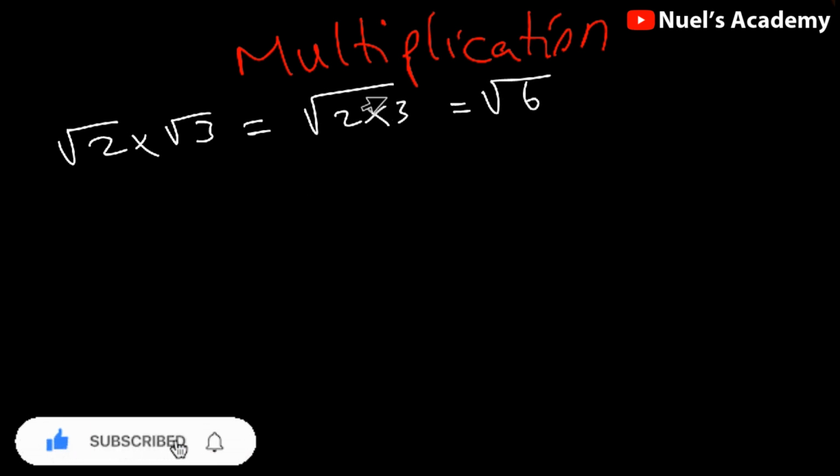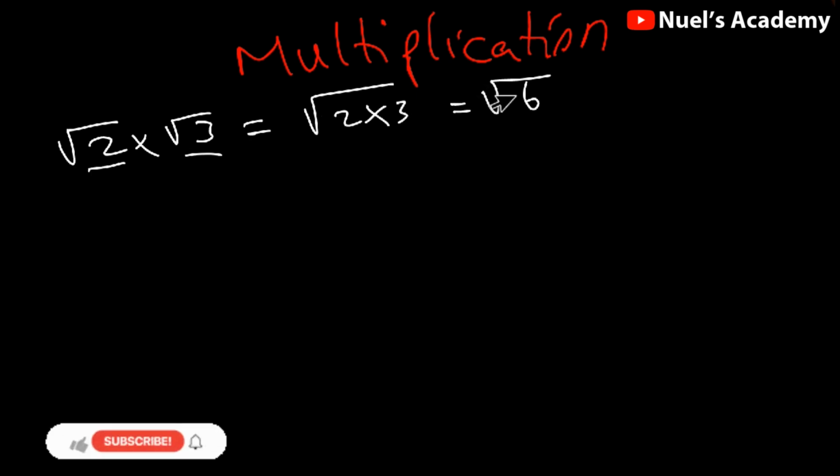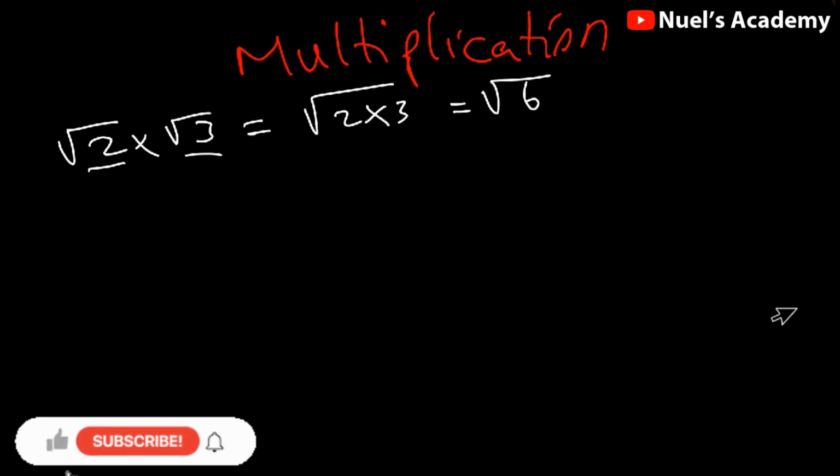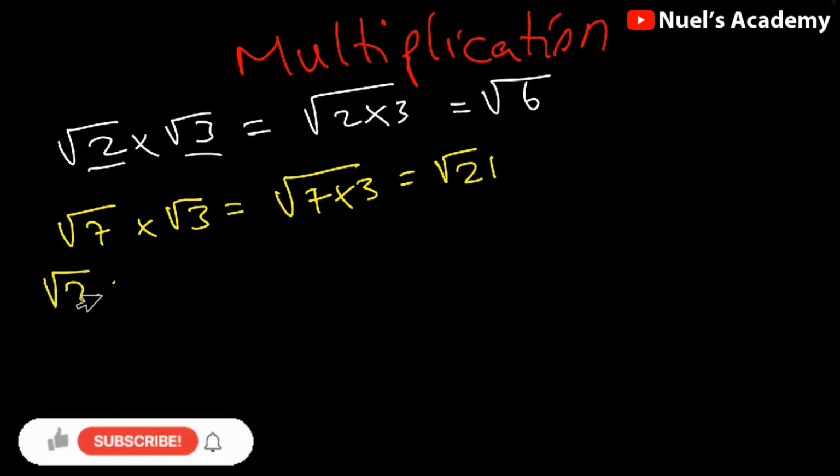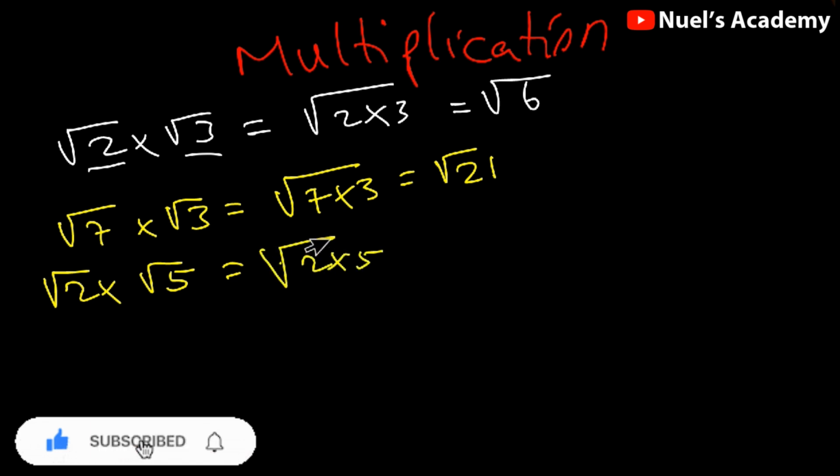It's only multiplication that, regardless of the radicals, whether they are the same or not, you can multiply them by combining them the way I just did. Another one, root 7 times root 3 is the square root of 7 times 3, which is the square root of 21. And the square root of 2 times the square root of 5 is the square root of 2 times 5, which is the square root of 10.